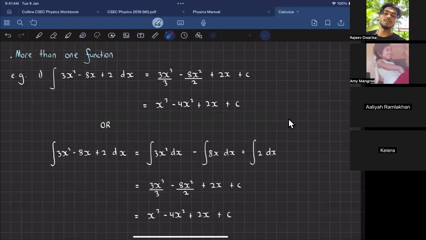Find the integral of 5x squared plus 4. I guess you get through that one. 2013 question 6A. All right.